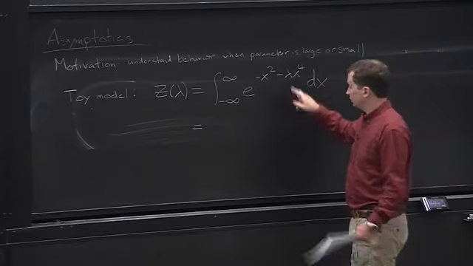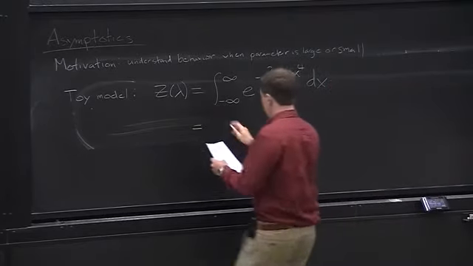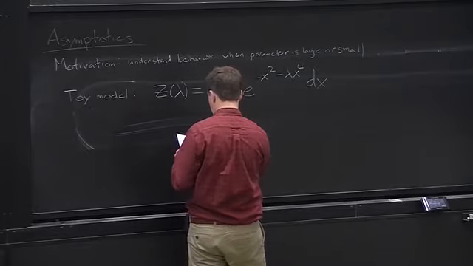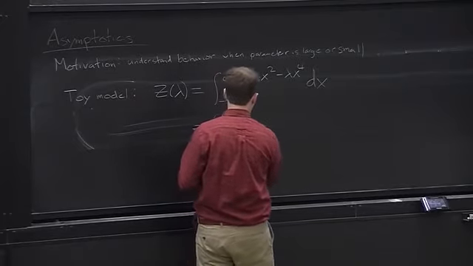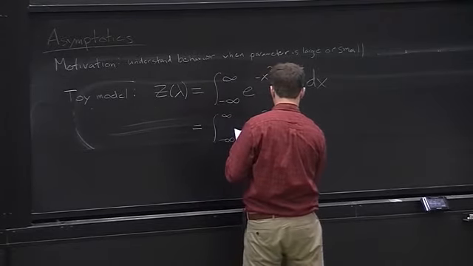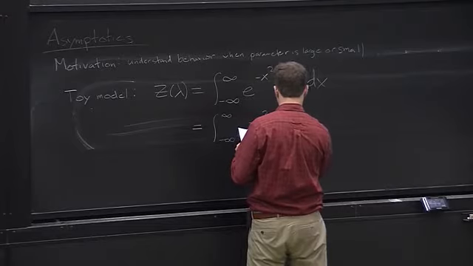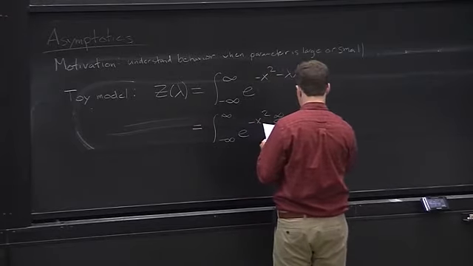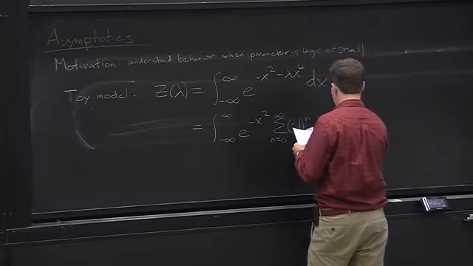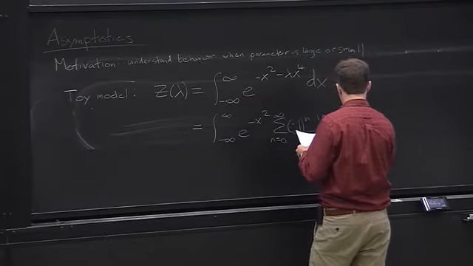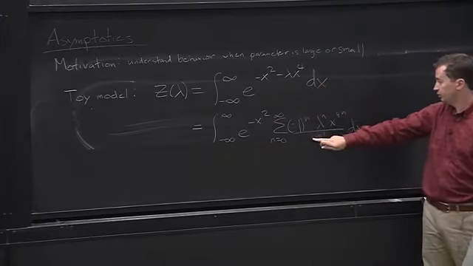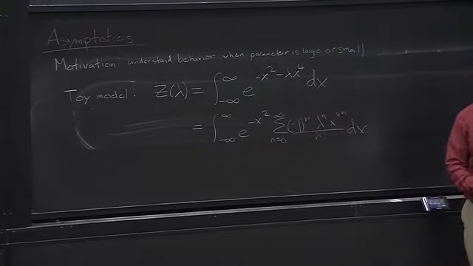But if we Taylor expand e to the minus x to the 4, we can write it in a form that allows us to perform the integrals. So I've just expanded e to the minus x to the 4 in terms of its Taylor series.